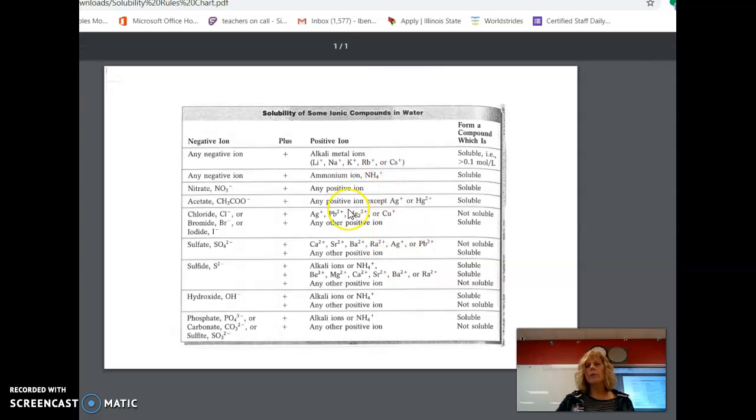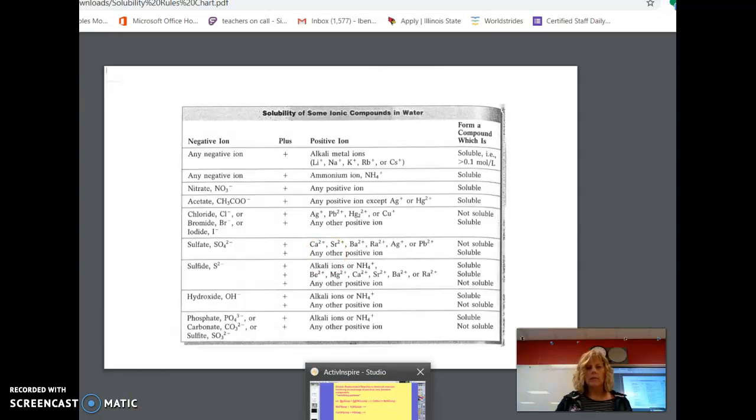There are solubility charts that are a little more extensive than this. This is, I think, perfect and very straightforward and easy to use. It'll be a little confusing at first, so I'm going to go through some examples with you. So you pull yours out. I want you to be referencing this. I'm going to pull mine out. I have mine on goldenrod paper, and I'll be referencing that as we work through these equations.